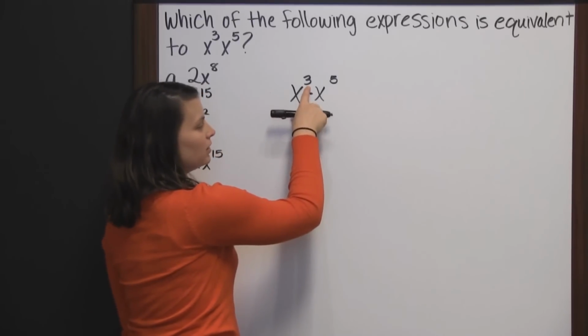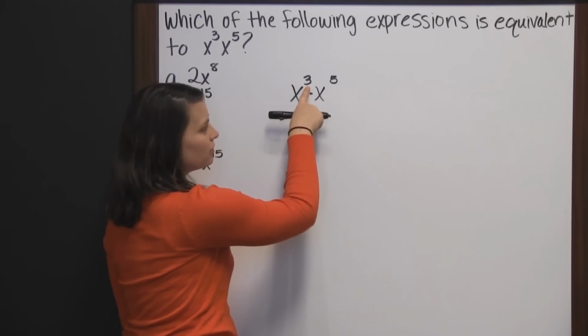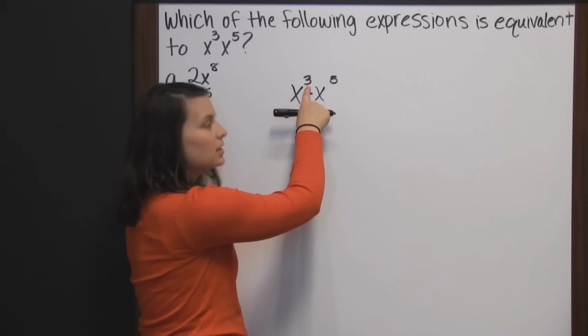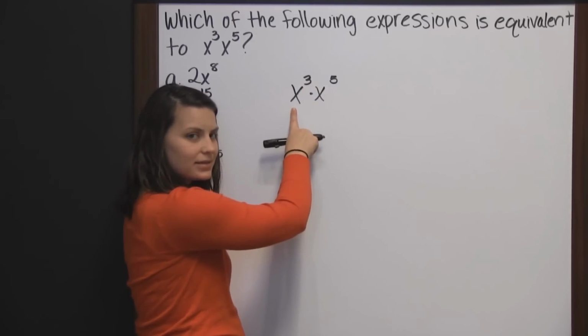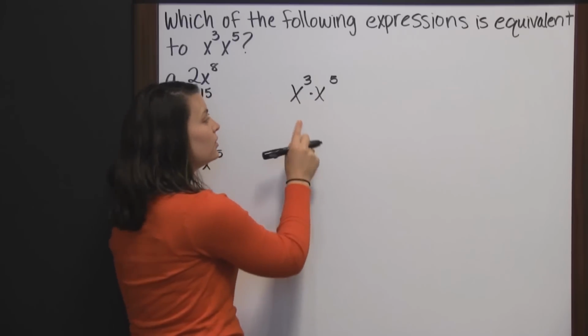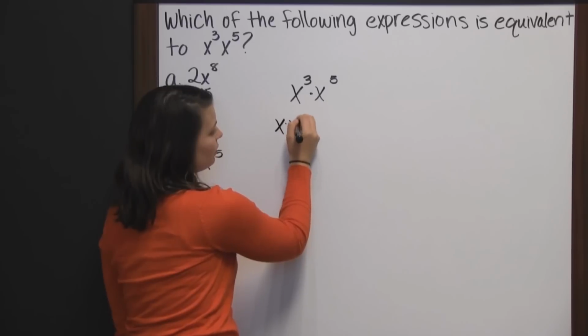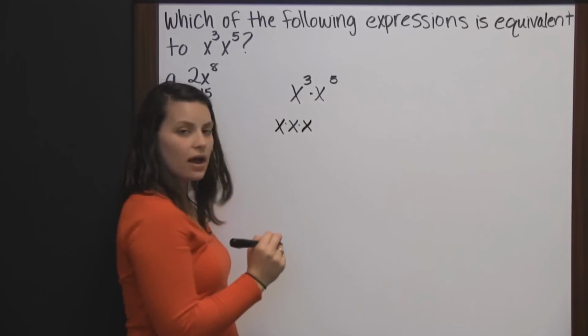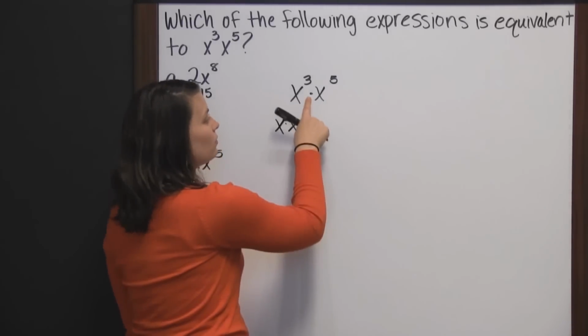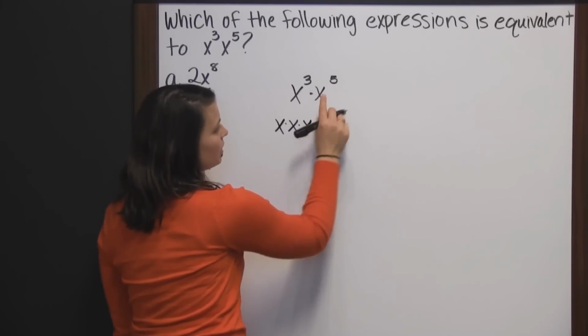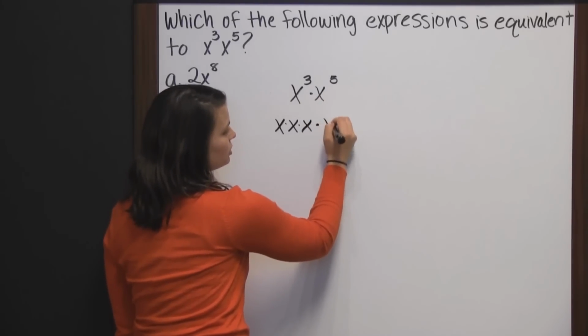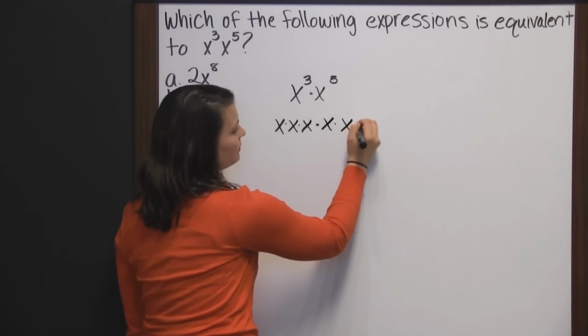And an exponent simply tells you how many times to multiply the base times itself. So x cubed means we're multiplying x times itself 3 times. And then we're multiplying that times x to the fifth, which is x times itself 5 times.